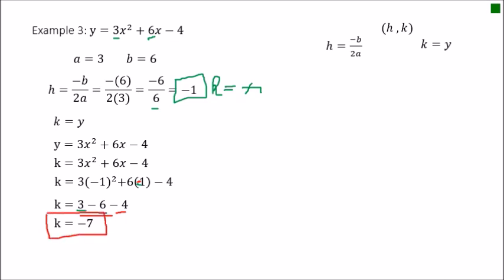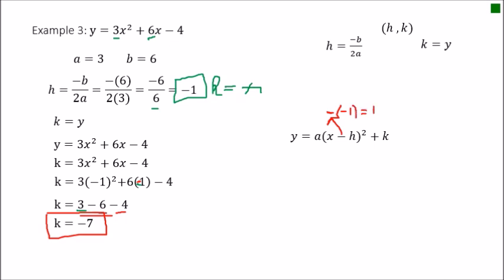So, let's substitute this into our vertex form. This is it. Our h, remember, is subtracted, and it happens that the value of h we got is negative 1. So, minus times negative 1 is positive 1.